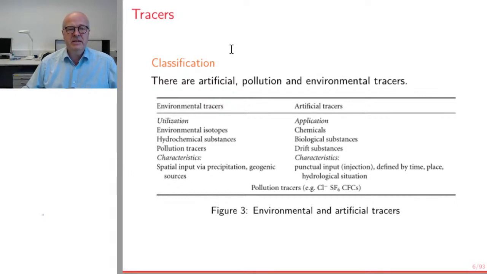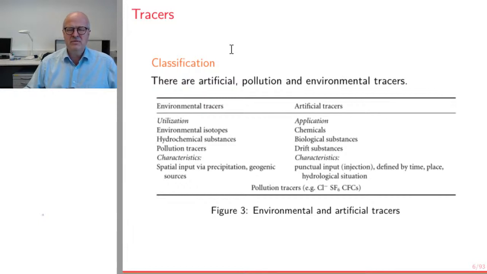And then you have some that can be both, like SF6, which is both an environmental tracer because we produce SF6 on an industrial scale worldwide. It has polluted our atmosphere since 1950, and we can use the input function of SF6 to date groundwater. At the same time, we could also use SF6 as a point tracer, or CFCs.